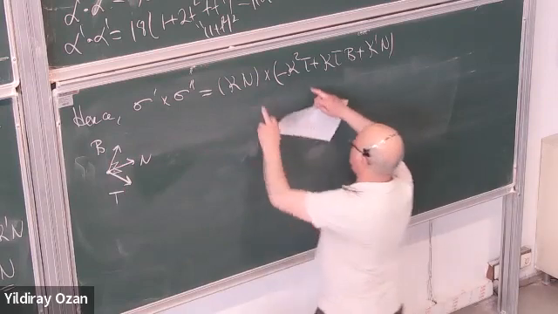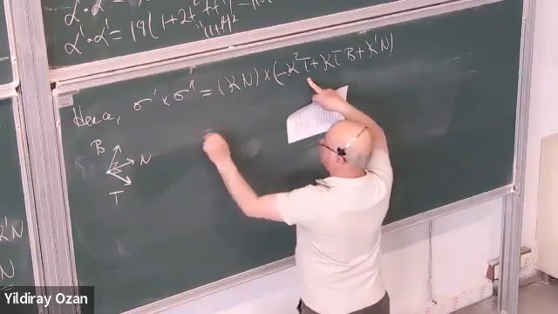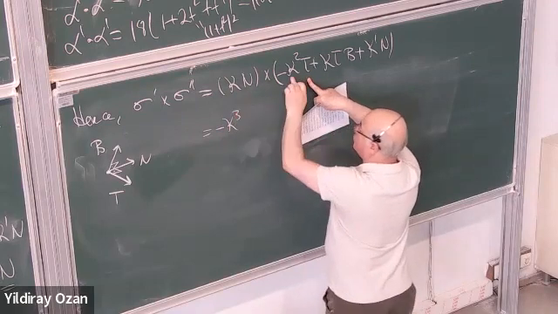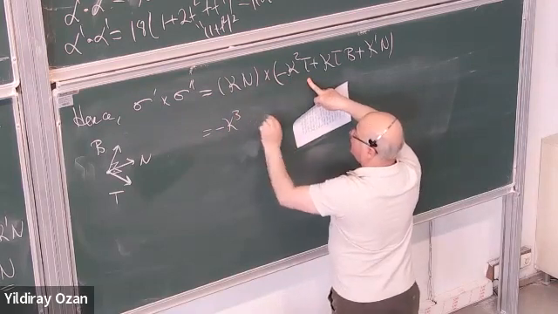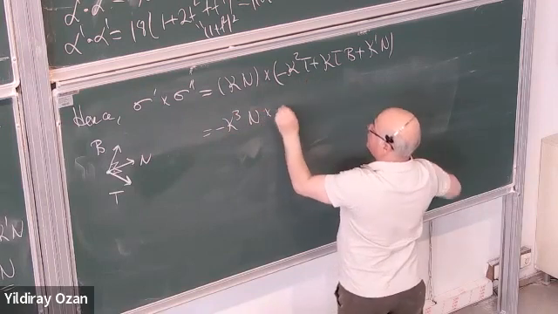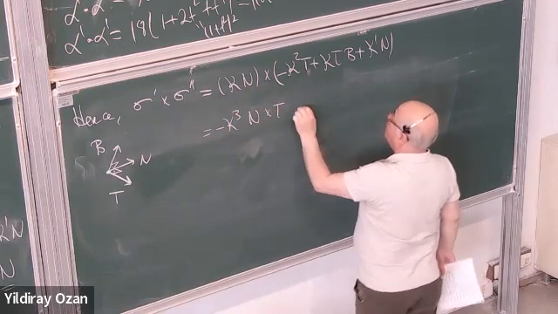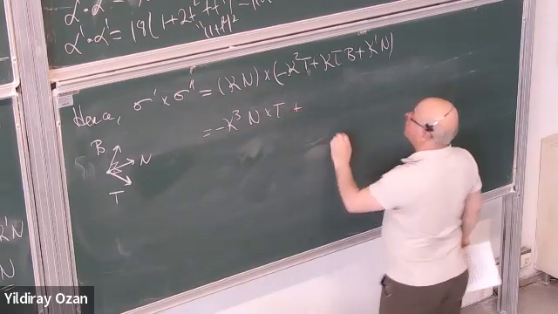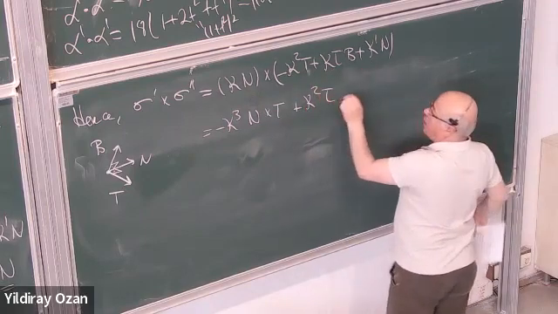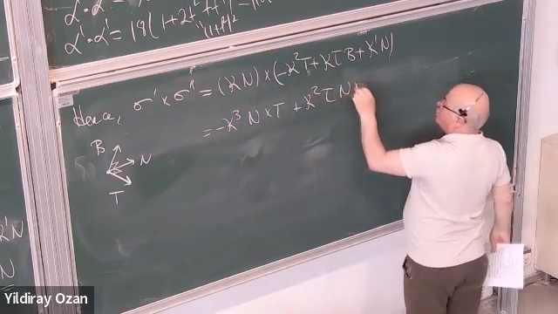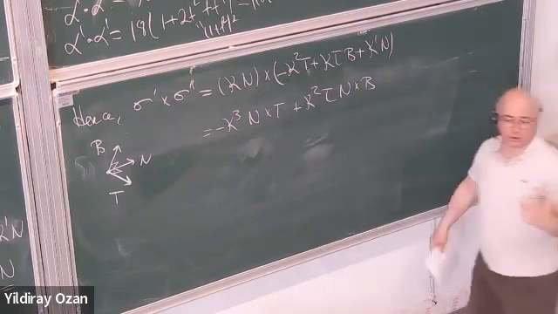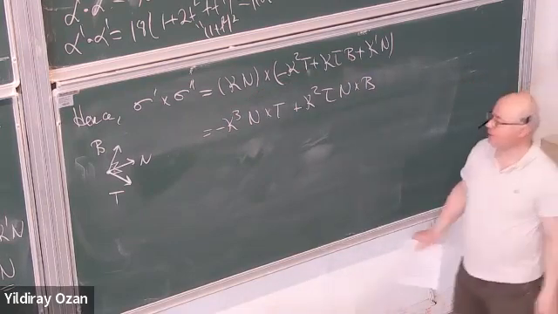So when you take the product, we get here, for example, minus kappa cubed, and then n cross t, plus kappa squared tau n cross b, and here I have n cross n, but n cross n is 0.